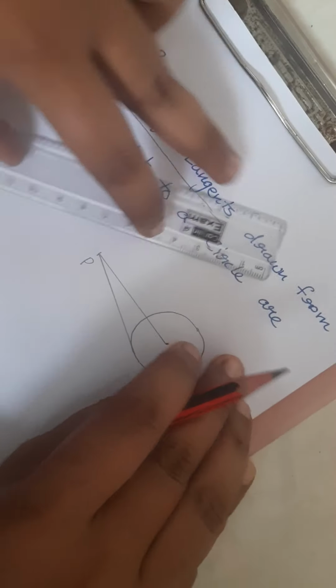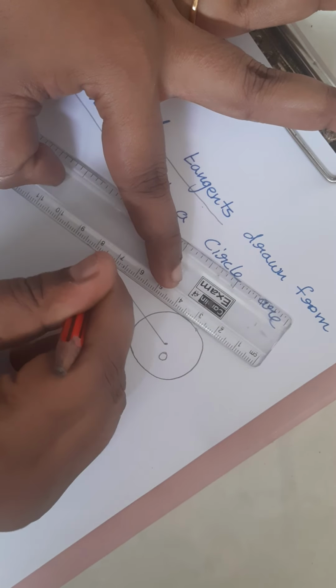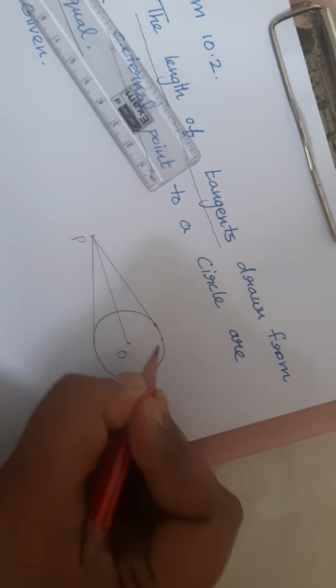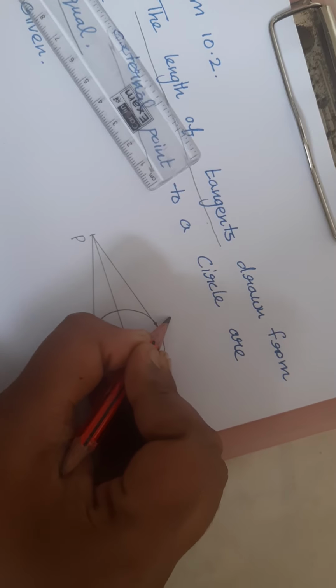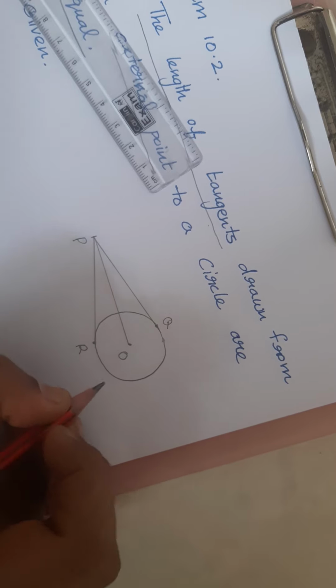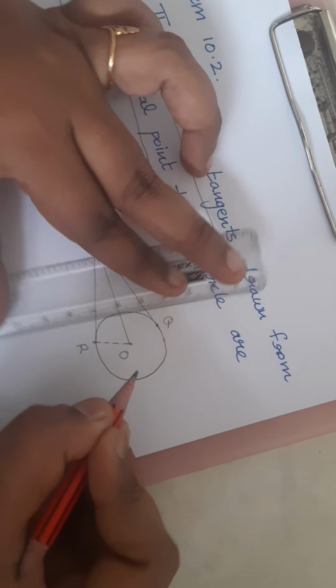This is one tangent, this is another tangent. The tangents touch the circle at Q and R. Then you join OR and OQ.